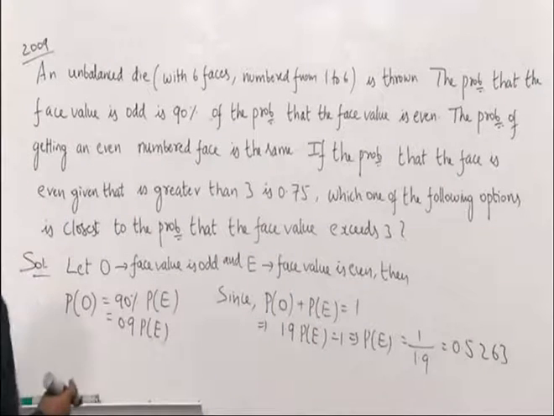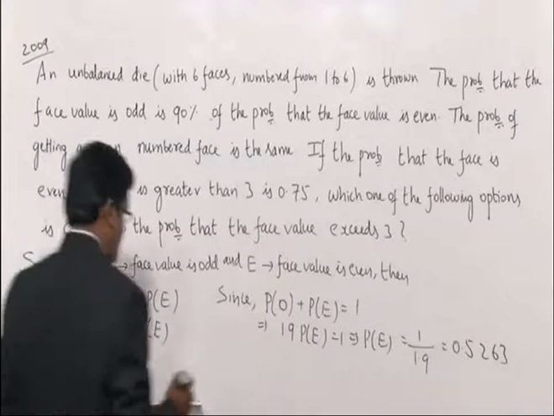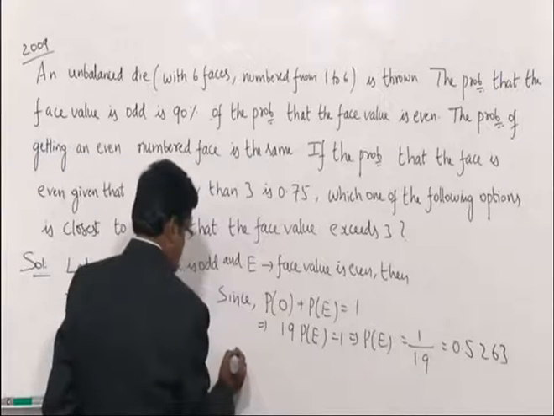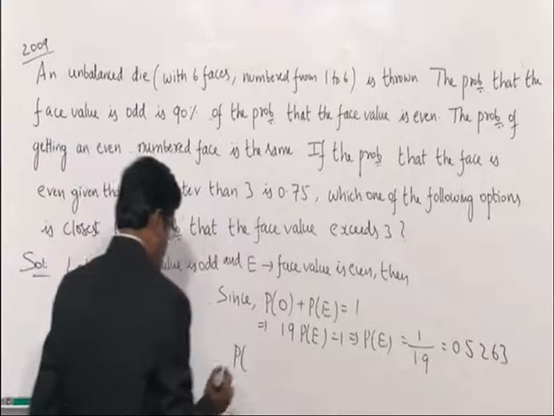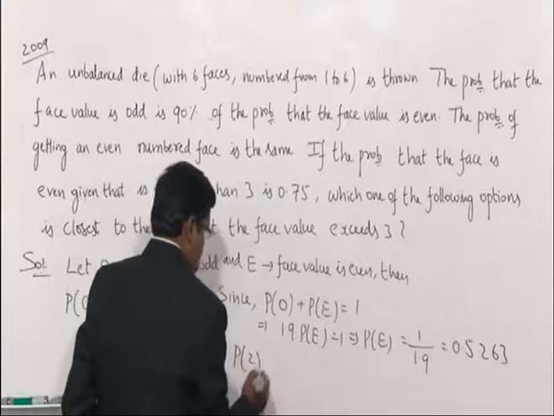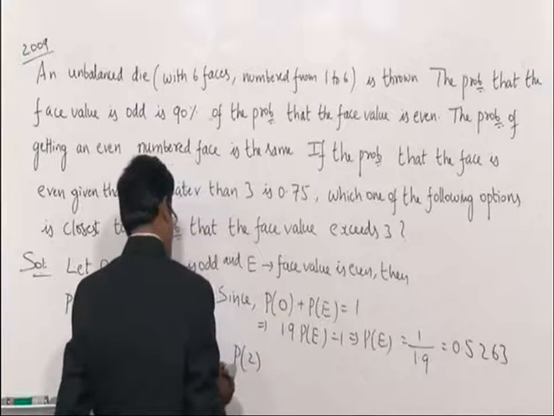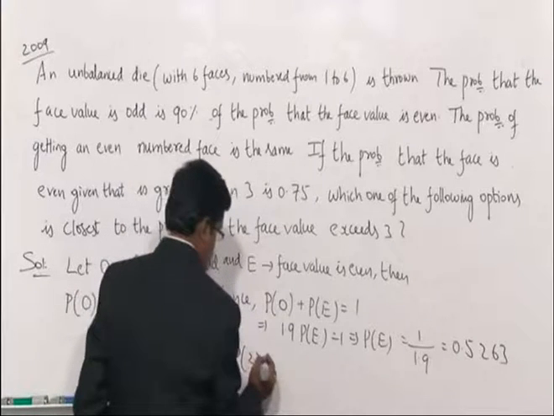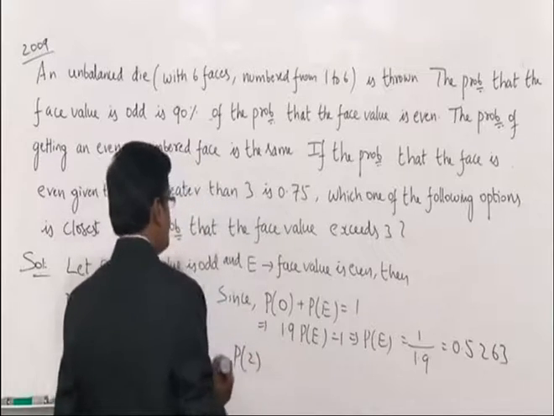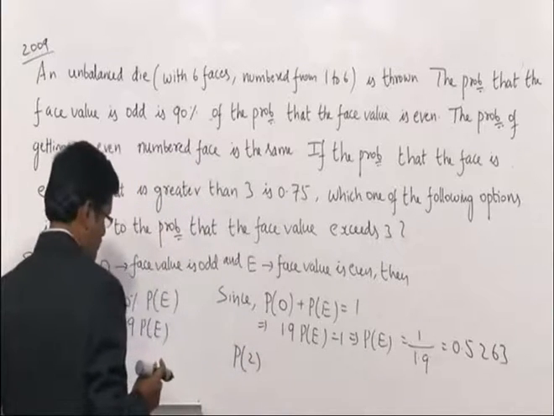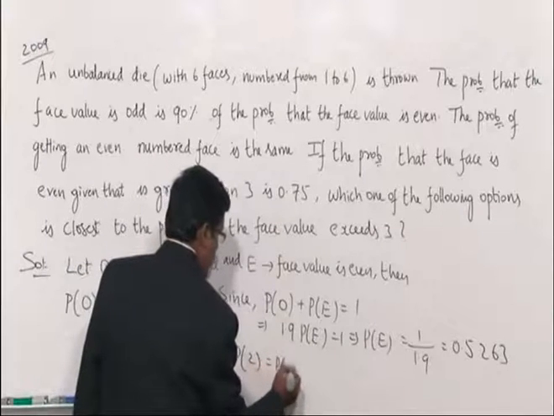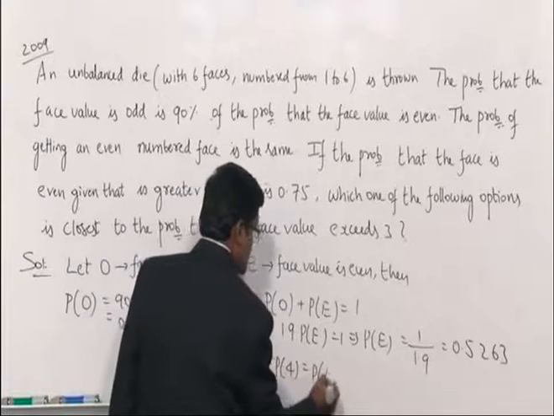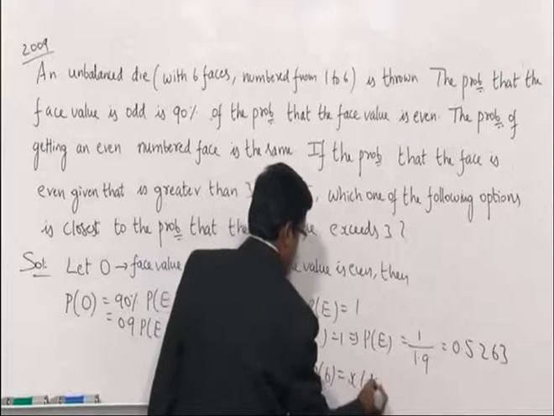And what is given? The probability of getting an even numbered face is the same. Probability of 2 is equal to probability of 4 is equal to probability of 6 is equal to x, say.